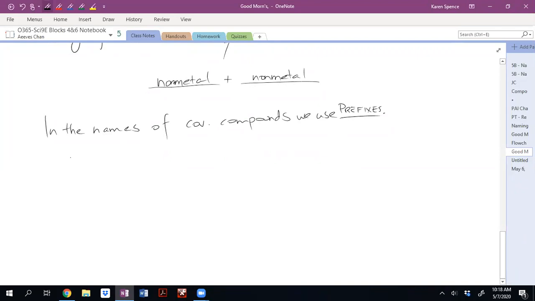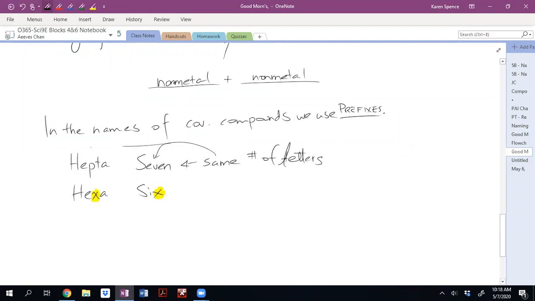I notice that people are still messing up. These are really common ones, hepta and hexa. A couple ways of remembering that. Hexa has an X, just like 6 has an X, and the word hepta and the word 7 have the same number of letters. Okay, so that might be helpful.